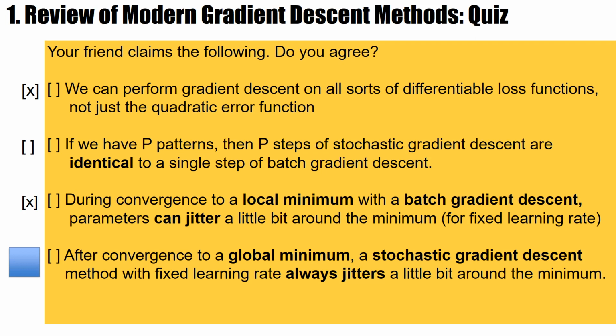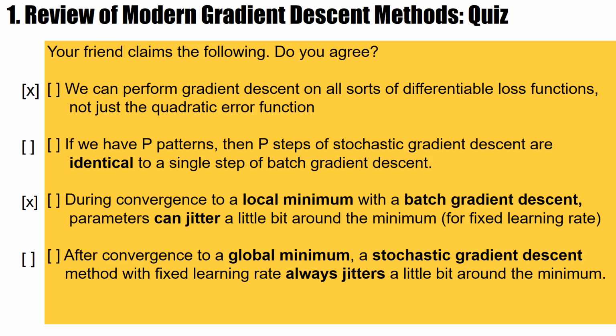Final item. After convergence to a global minimum, a stochastic gradient descent method with fixed learning rate always jitters a little bit around the minimum. If you think that this is correct, raise your hand now. And no, this is not correct. Think of the Perceptron algorithm.